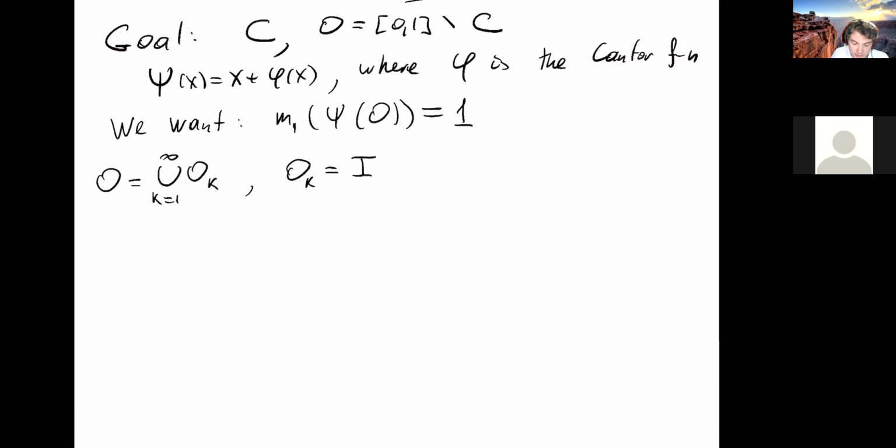If we restrict phi to I_{k,m}, then it will just be a constant, m divided by 2 to the k. So on each I_{k,m}, phi is a constant. Let's see how psi acts on these intervals. If x is in I_{k,m}, then psi of x is just x plus m over 2 to the k.